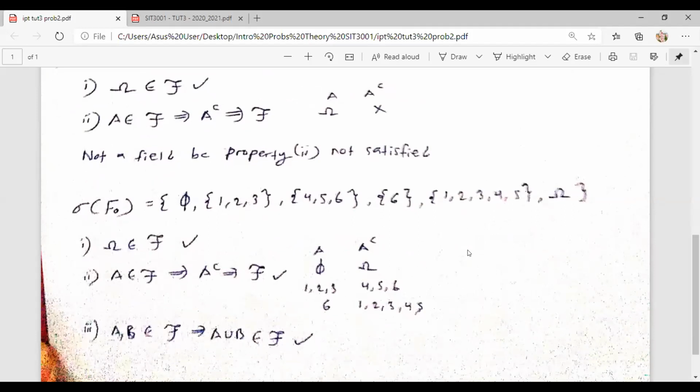You see {1, 2, 3} is in this set, {6} is also in this set, but their union is not. So it does not yet fulfill the definition, and you've got to add one more set, which is {1, 2, 3, 6}.